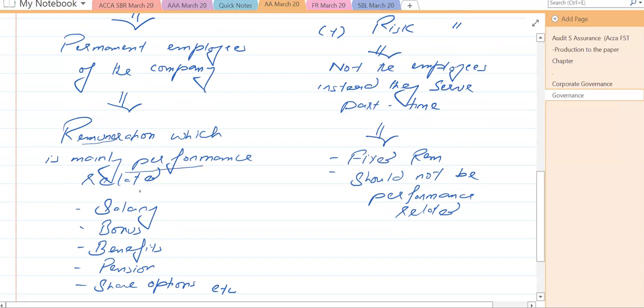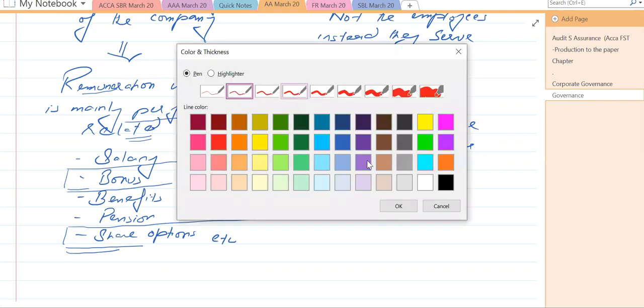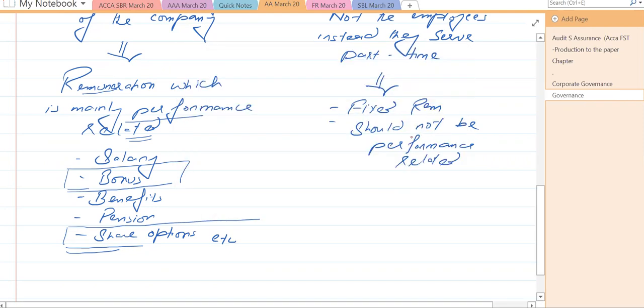Performance related means mainly the bonuses and the share options, so that they work hard for the company. NEDs, on the other hand, should not be given performance related pay, otherwise they will become the right hand of the executives.